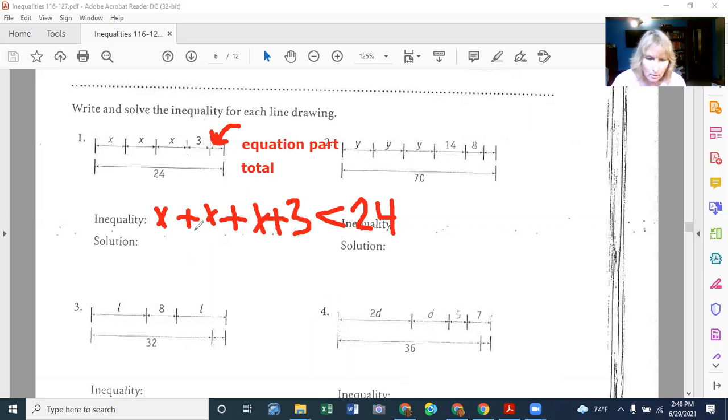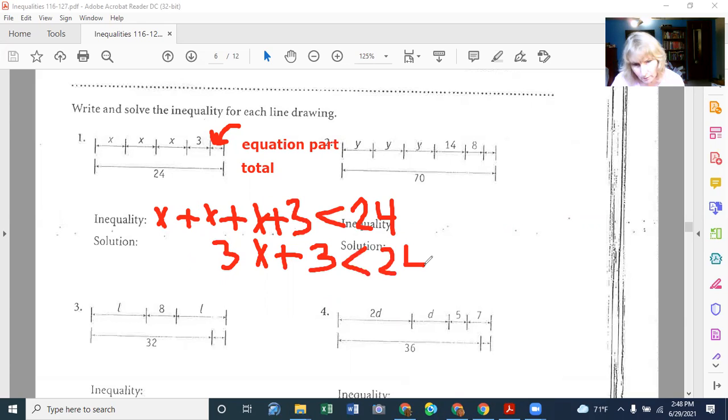So then we just want to combine our like terms. So we have 3 x's, so 3x plus 3 is less than 24. So that's the inequality we would write.